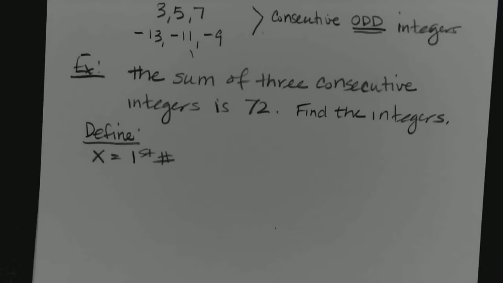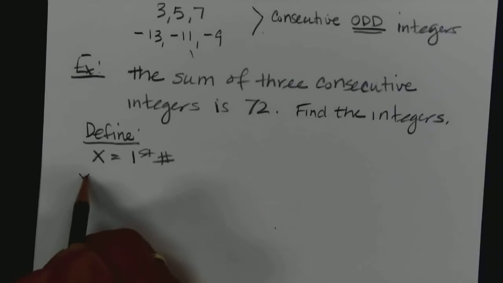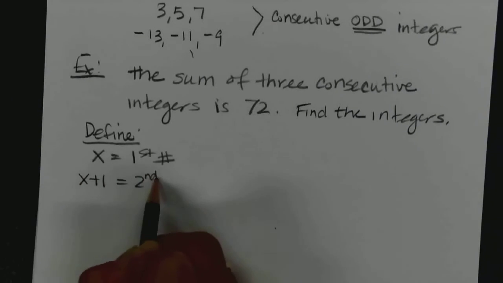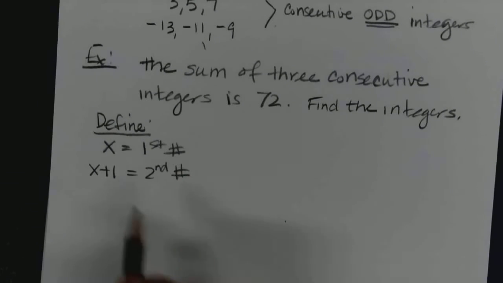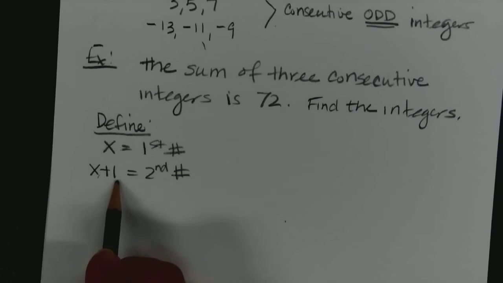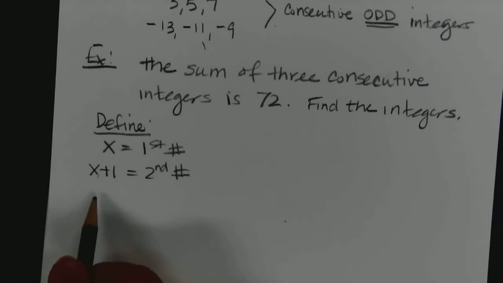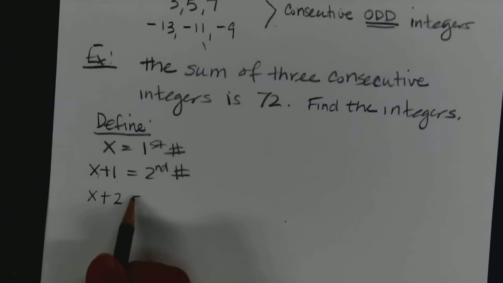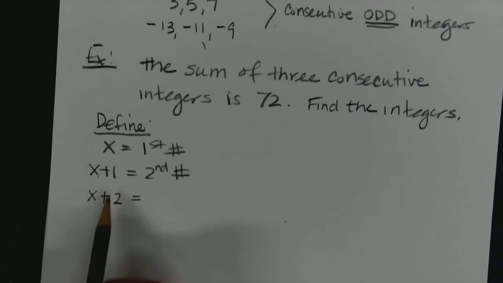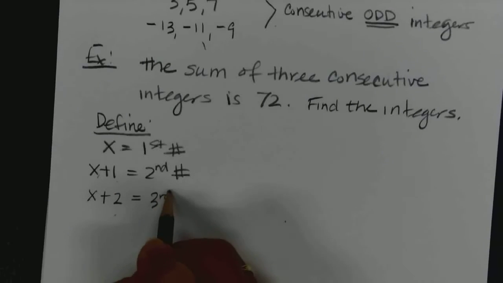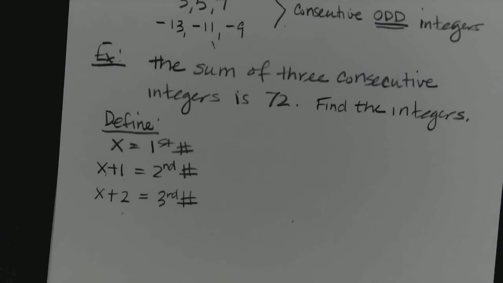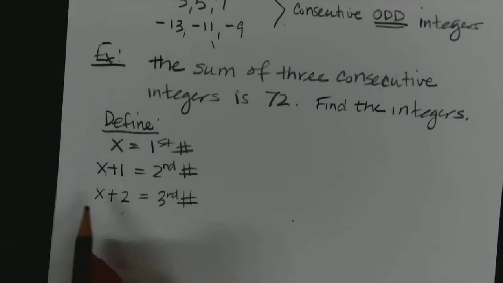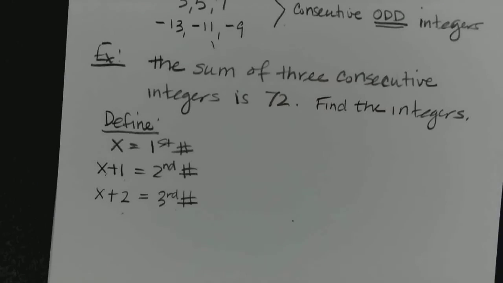And consecutive integers go up by 1, so the second number has to be x plus 1. Does that make sense? If I know what the first one is, the second one is plus 1, and then the third one would be x plus 2, because if you know the first one, you add 2 more to get to the third number. X equals the first, x plus 1 is the second, x plus 2 is the third. Those are my consecutive integers, right?